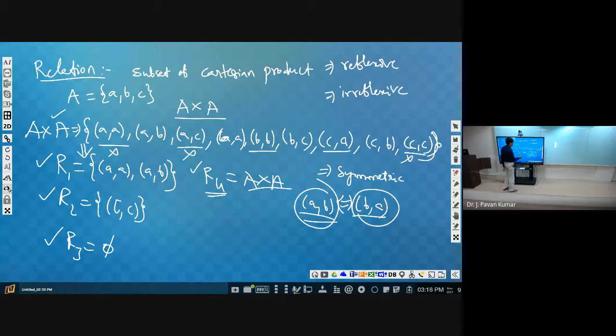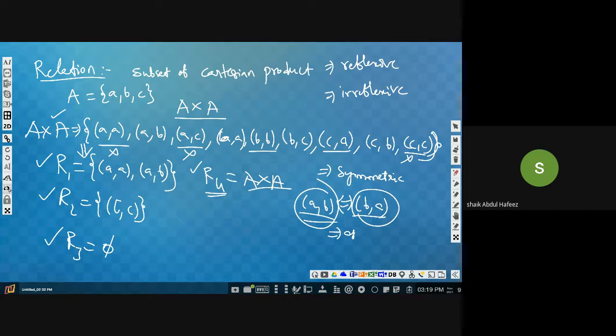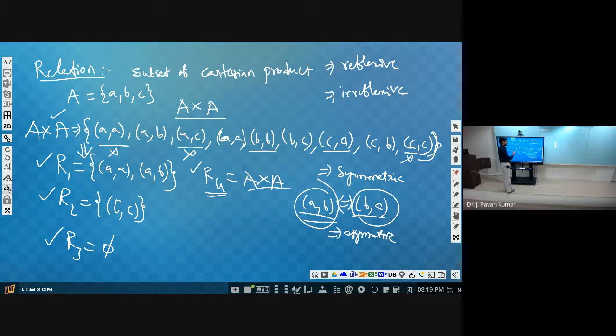A comma B is not there means B comma A should not be present. Then it is said to be symmetric. Next, asymmetric means if A comma B is present, then B comma A should not be present. Then we can say it is asymmetric. So can we have A comma A? Is R2 asymmetric or not?